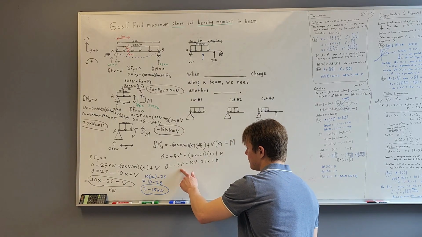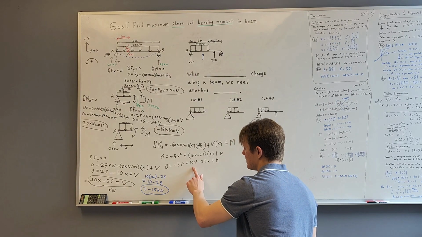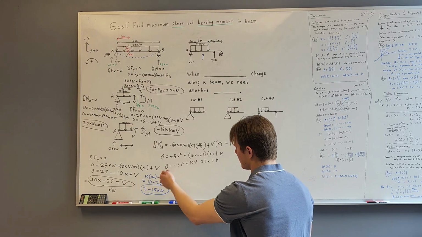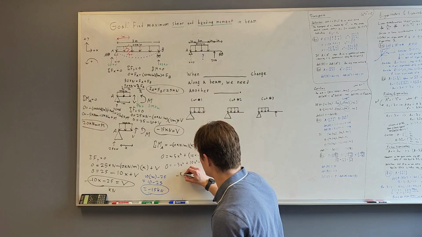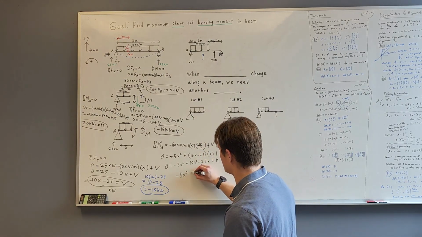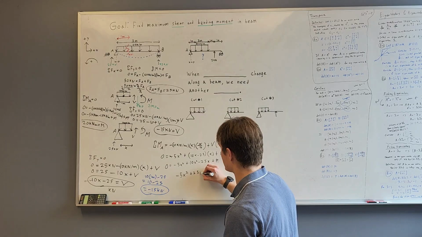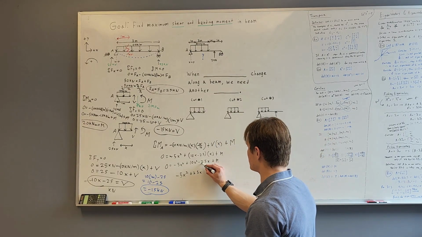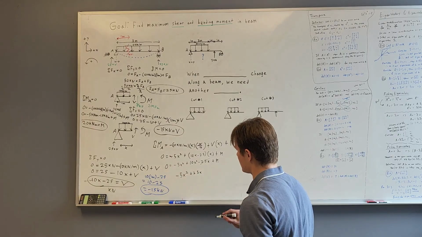And now let's just move everything over. So negative 5x squared plus 10x squared, that's positive 5x squared, and then subtract that from both sides. Negative 5x squared plus 25x, right? We're adding 25x to both sides of the equation, so that goes away and then it becomes positive on the other side.